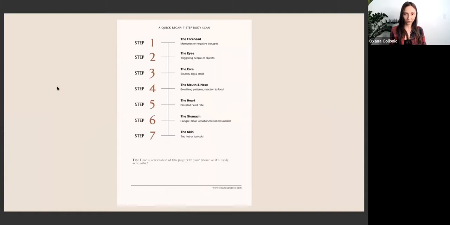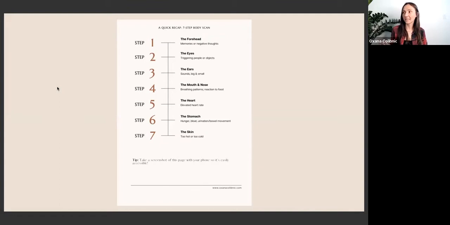So let's start with the forehead. The first step will be to concentrate on the forehead. And the forehead means really the mind and the memories or the negative thoughts that you might have been thinking about that were the trigger for a panic attack. Also the eyes. So it kind of goes down like this throughout your entire body. The eyes: did you see something that triggered a panic attack?